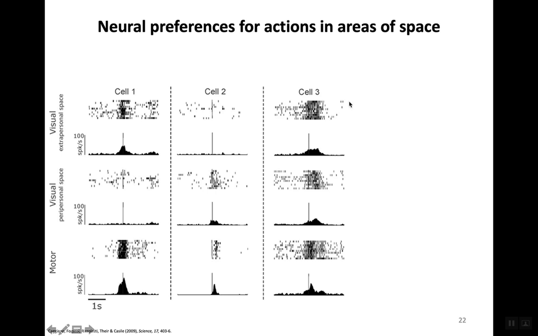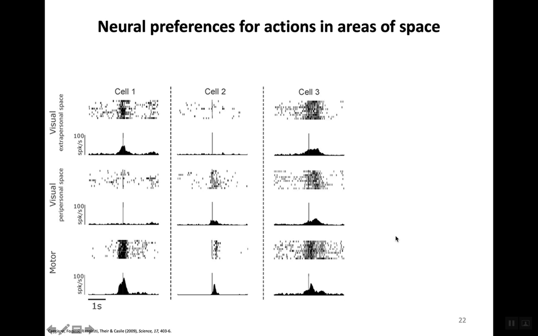And let's take a look at the third type of mirror neuron, which fires vigorously when the action is performed by somebody else in the extrapersonal space, by somebody else within the peripersonal space, and also when the monkey itself performs the action.